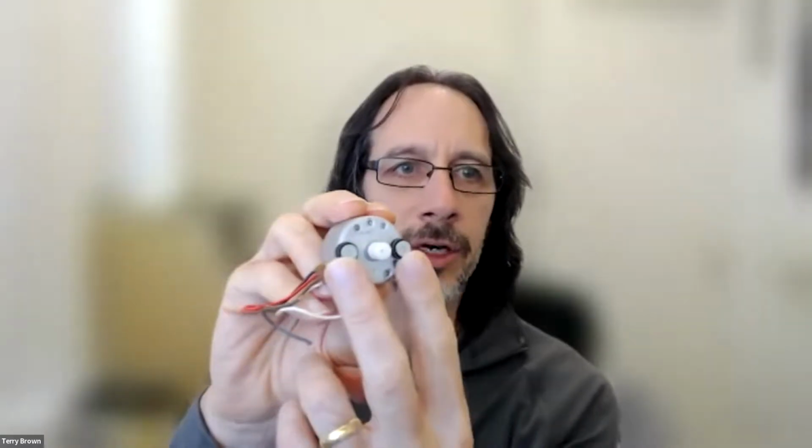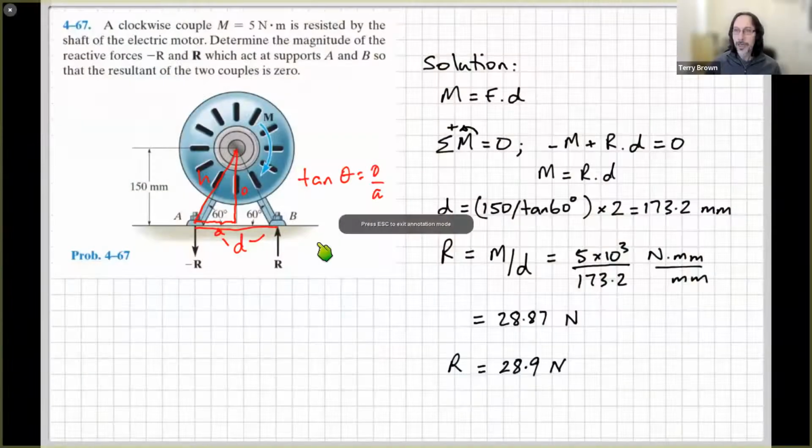So when we do that, that gets reacted into these two mounting holes here, similar to what we had up here. So instead of in my little motor that I've got here, the mounting points are up here next to the shaft. In this case, they're down the bottom.